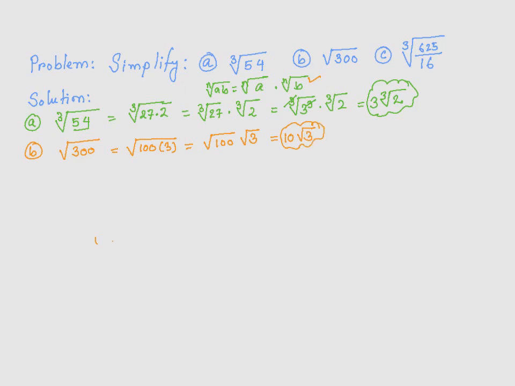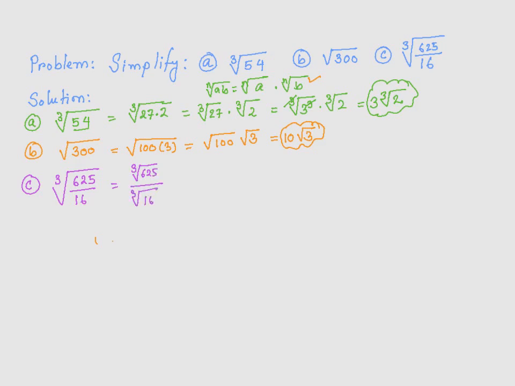Now let's do it for part C. For part C, we have cube root of 625 divided by 16, which I could simplify further to the following: cube root of 625 divided by cube root of 16.